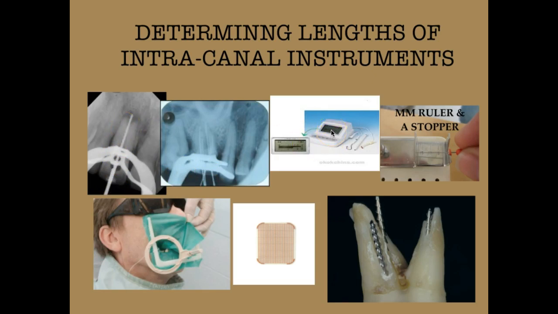That will determine the measurement for the working length of the file or reamer. Then a stopper can be used with the millimeter ruler to measure the reamers or files to all of those lengths.